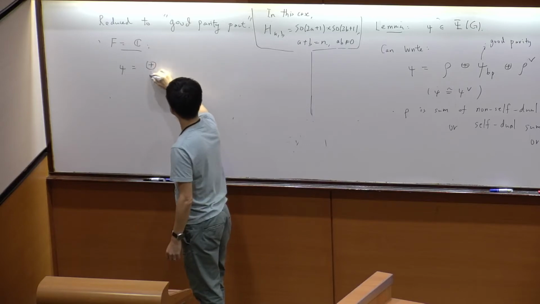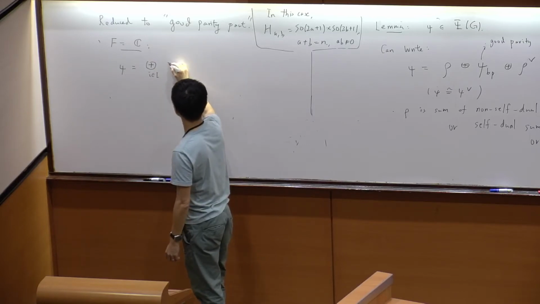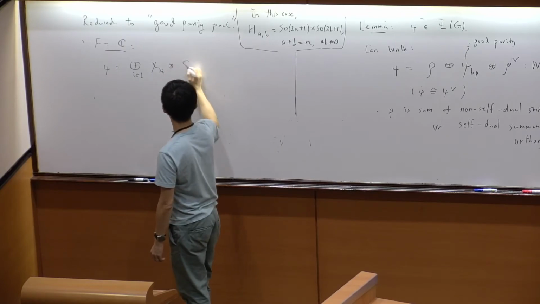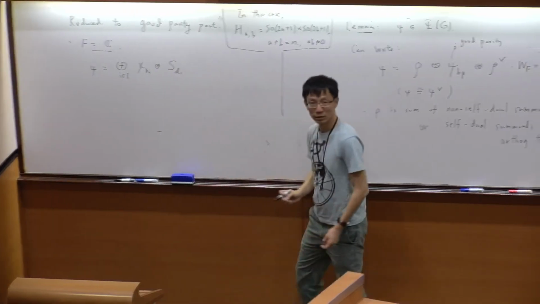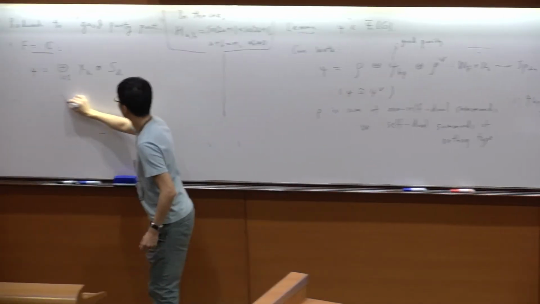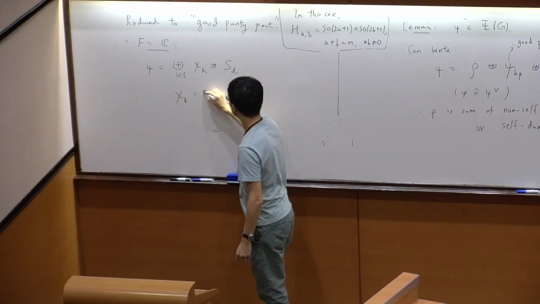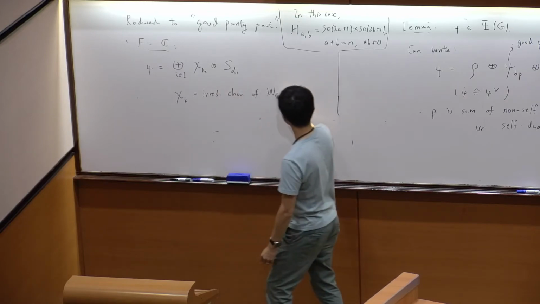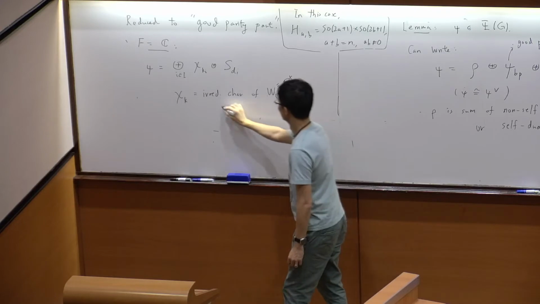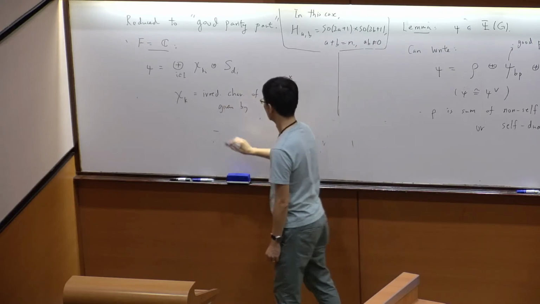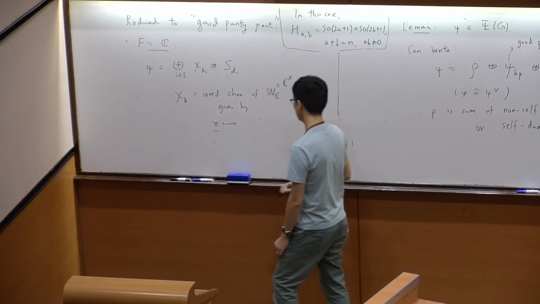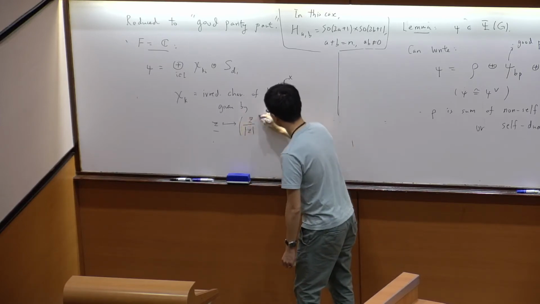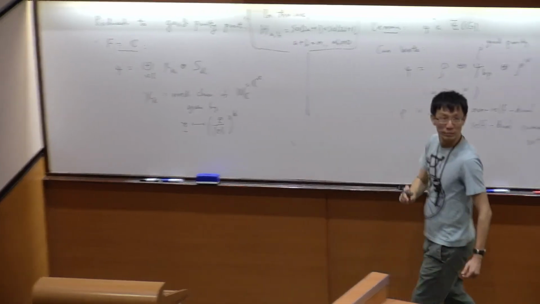Well, it's going to be a bunch of characters tensor di, where chi k is an irreducible character of W_C, which is C cross, given by sending z to z to the k.